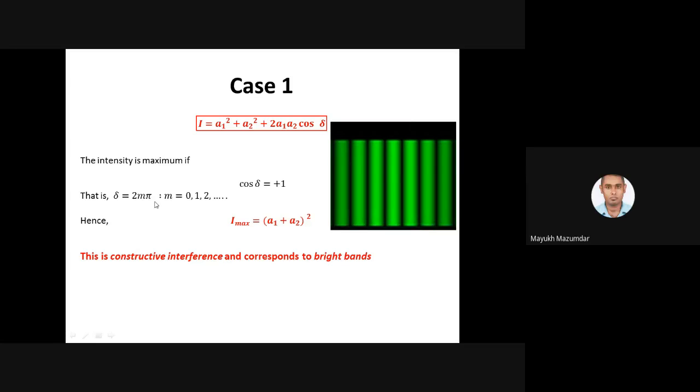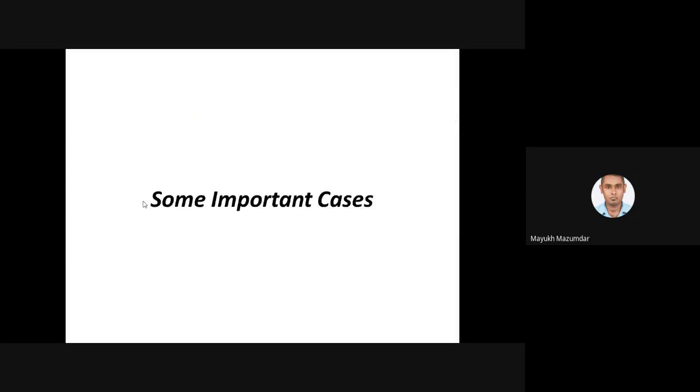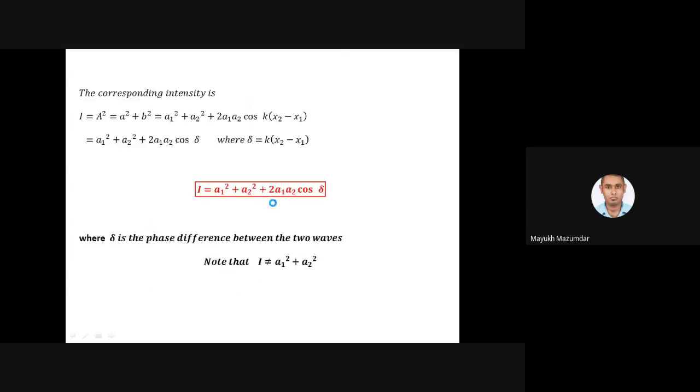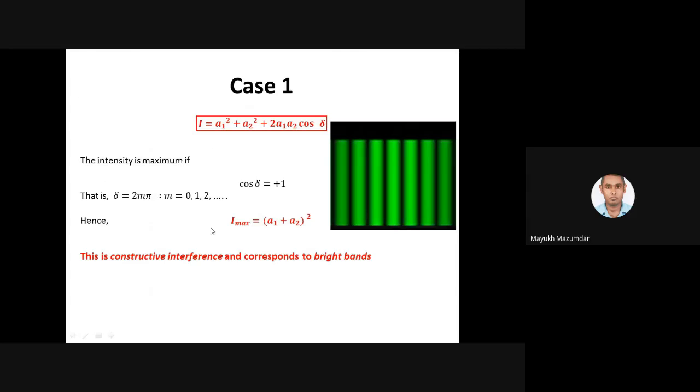Now, m equal to 0 means that delta is 0, that is the central fringe, the central bright fringe. Here the path difference and phase difference are 0. This will always be bright. So you can get a question from here, why is the central band always bright? Simply write this equation, say that for brightness we have maximum intensity, and the condition is cos delta is 1.